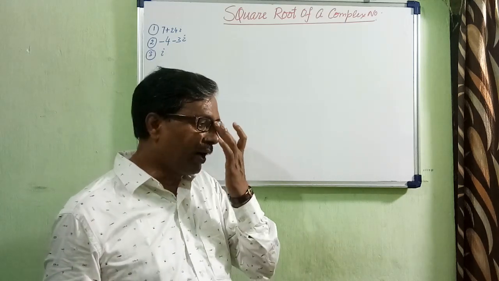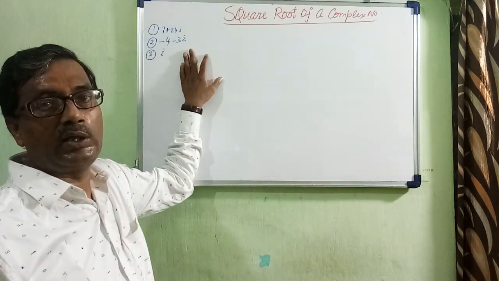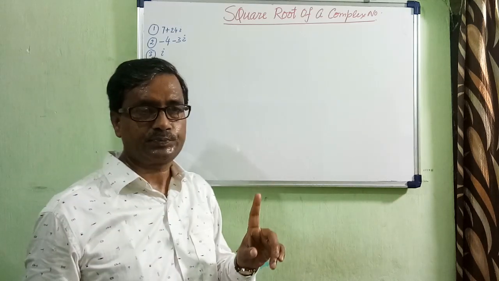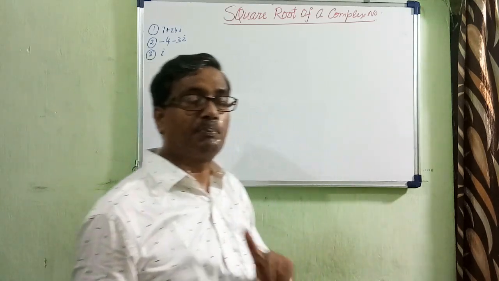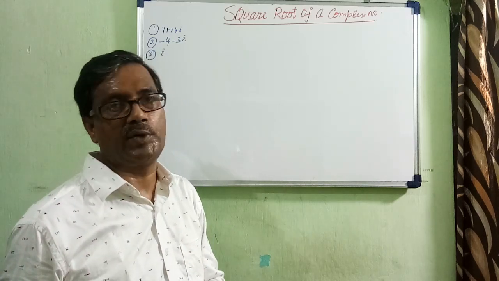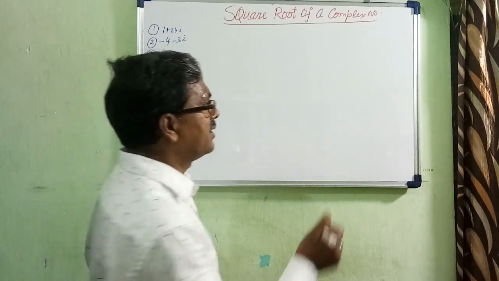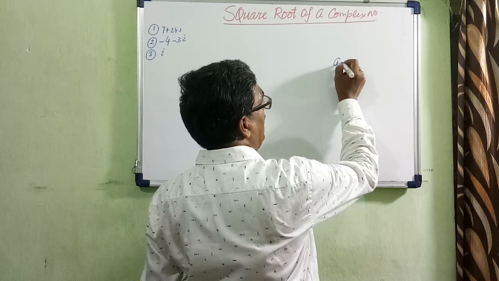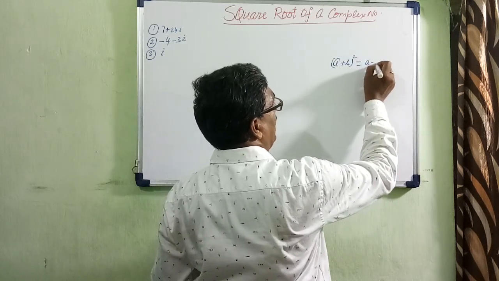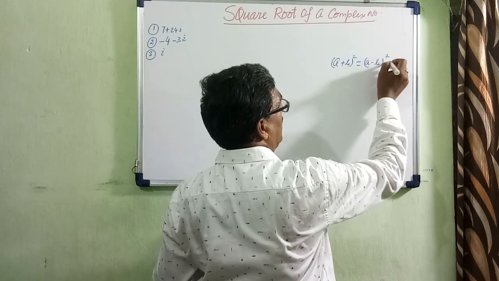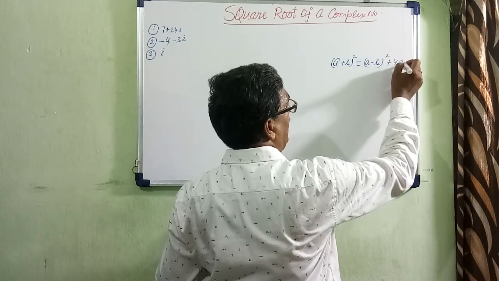So how to find the square root of any complex number? In order to find the square root of any complex number, you have to apply some algebraic identities. What is that? (a plus b) whole square is equal to (a minus b) whole square plus 4ab.